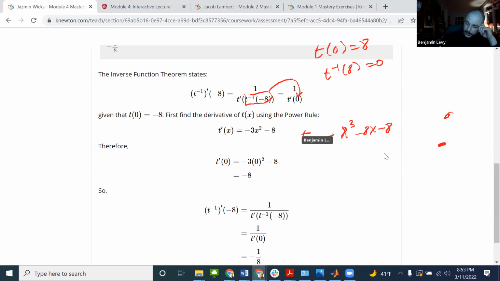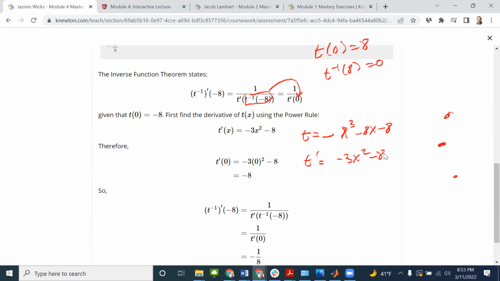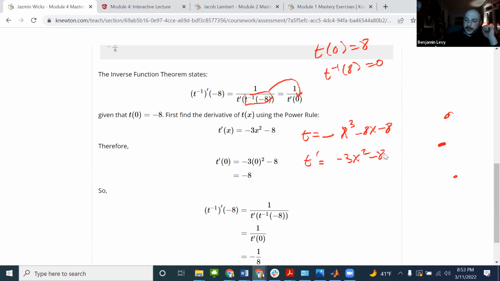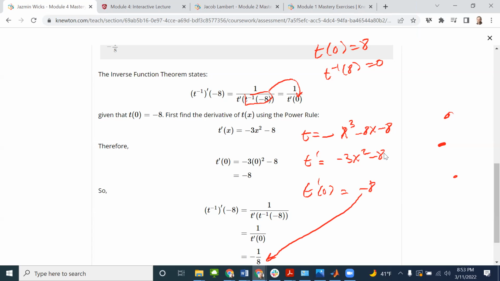Right, that was T. And so then T prime is a nice easy power rule, which ends up just being -8, because then we plug the 0 in. So that ends up in the bottom. Oh, so it's really just the inverse of the derivative of the original function.